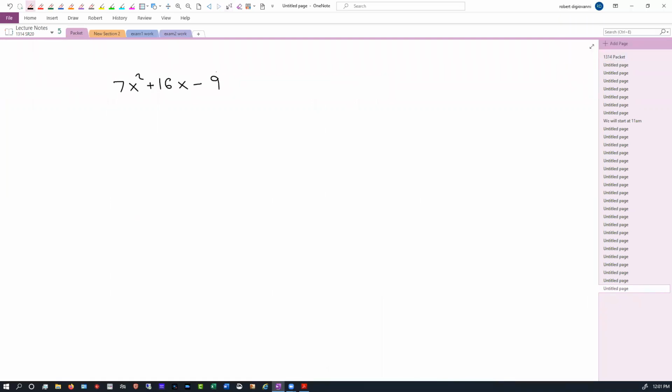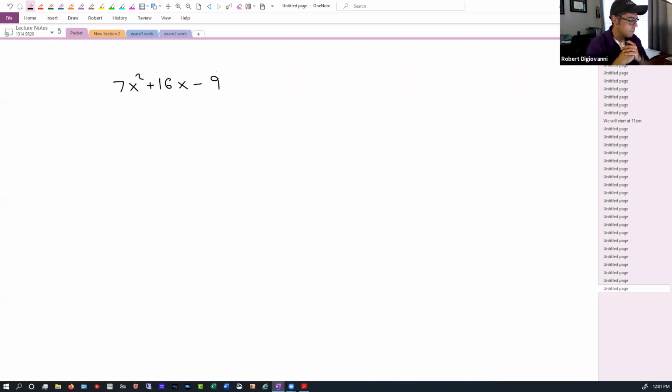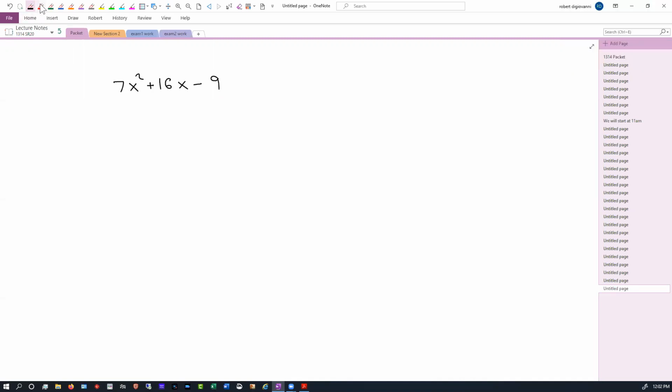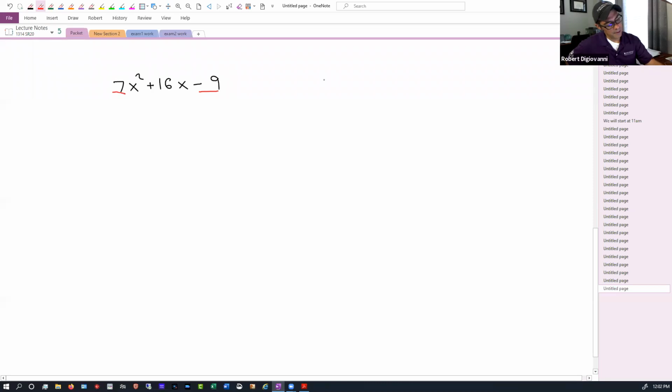All right. So do we have a GCF? I don't see a number that goes into all those. We definitely don't have an x that goes into all of them. So there's no GCF. I count the terms. I've got 3, so I've got to use the AC method. So I'm going to take the number in front here and the number in the back here and multiply them.